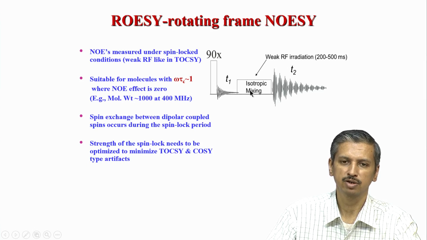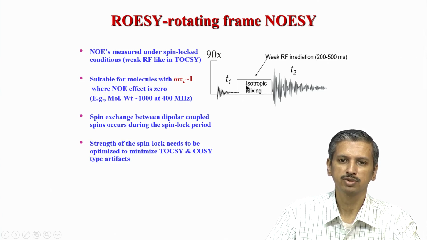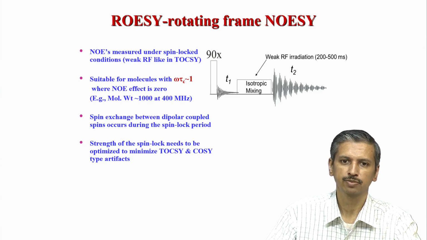We want to have a stronger mixing, but in a ROESY that condition is not necessary, and we actually use a very low power compared to TOCSY, and that is called a spin lock. We also use the word spin lock in TOCSY, so all the terminologies which you see in TOCSY and ROESY are the same. So, this is called a spin lock period. During this spin lock, the magnetization is again transferred between spins, but this is not from J coupling because we are not using the same J interaction.